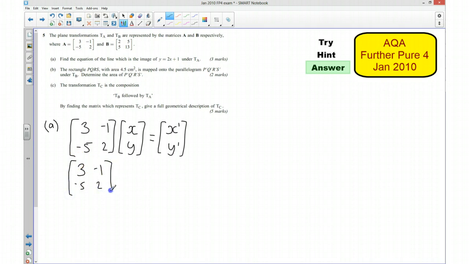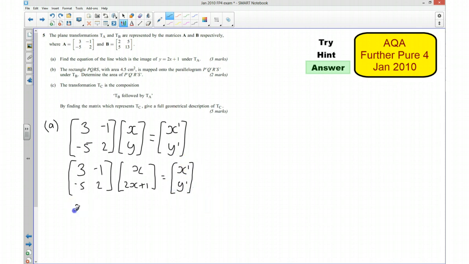If I take this transformation matrix and multiply it by this, and the relationship is the y coordinate is 2 times the x coordinate plus 1, I'm going to get a new point which I'm just going to call the image of x and the image of y.